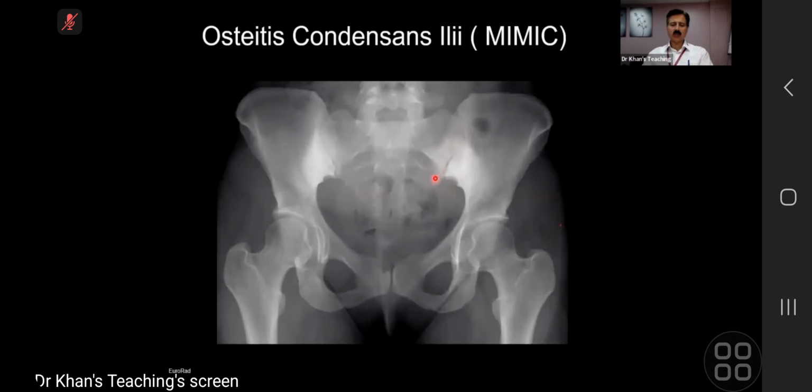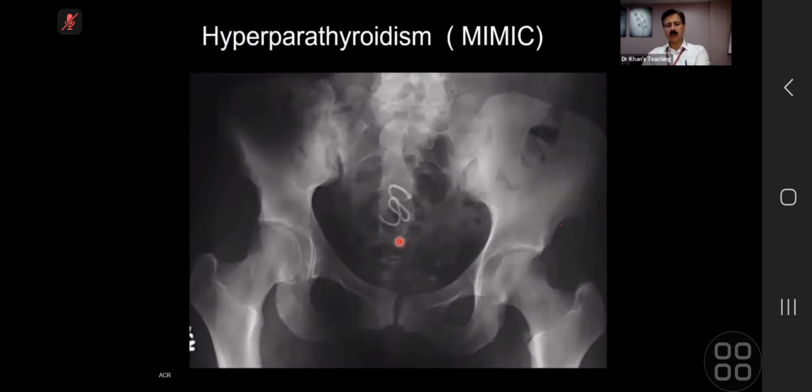The joint space will be normal. It will be bilateral symmetrical, a triangular sclerosis, with no erosions, and the history will be as I have told you. Remember this for your day-to-day reporting.